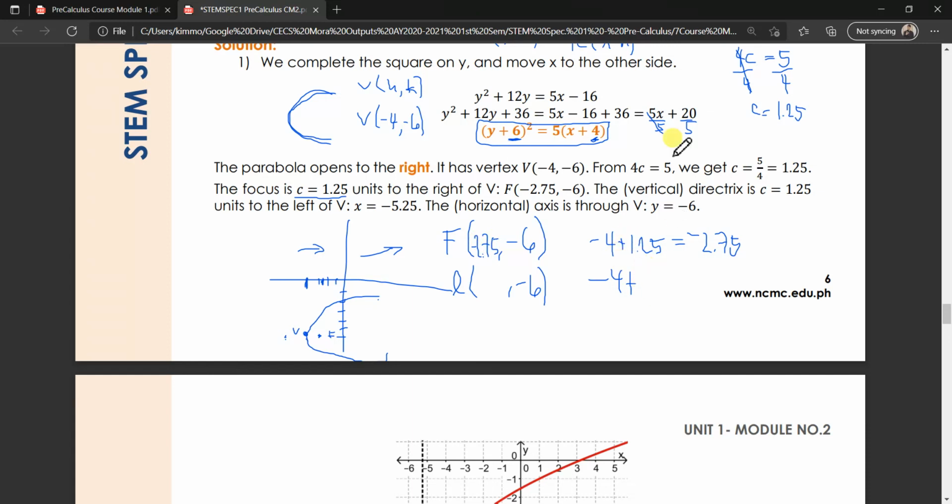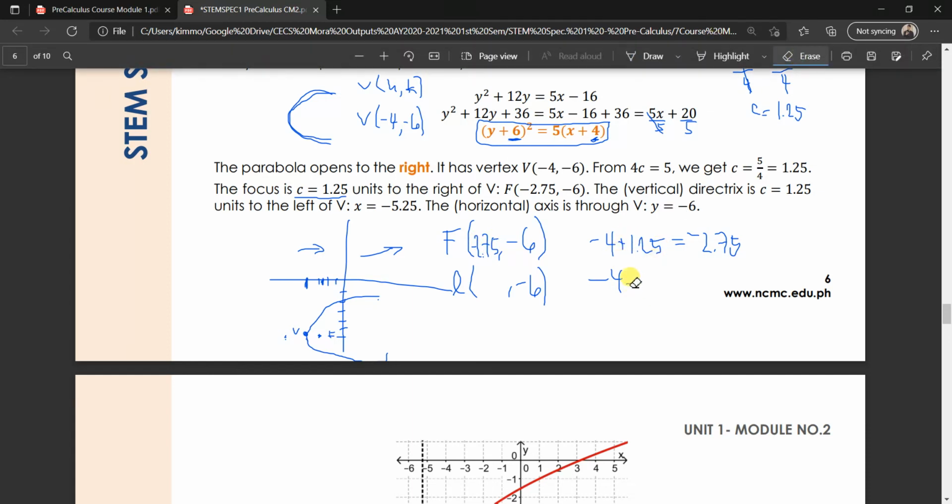So that is negative 4 minus 1.25, or that is equal to negative 5.25.